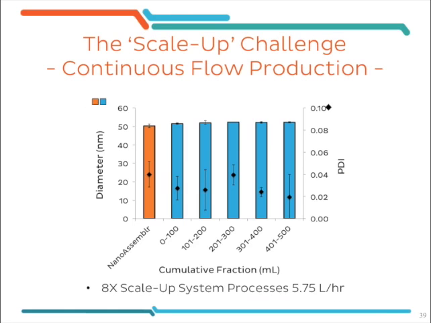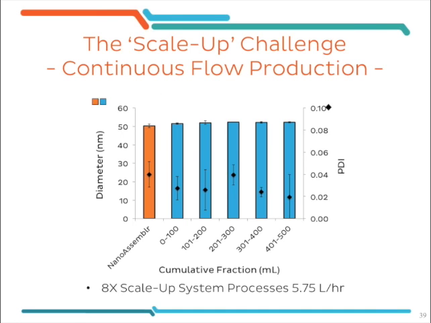And this graph here shows you the formulation of one type of nanoparticle, a lipid nanoparticle formulation that was once made with the NanoAssembler benchtop instrument, so at a small scale of 2 milliliters. And then in blue, we see the formulation made on a large scale-up system without having to adjust anything, really.